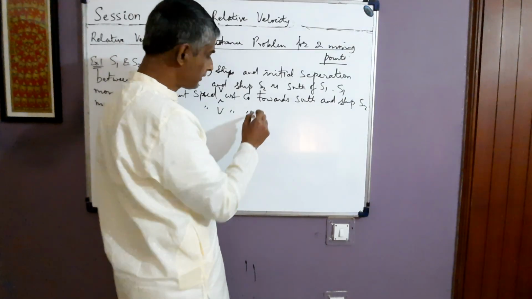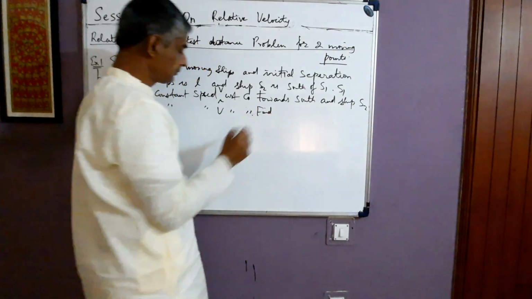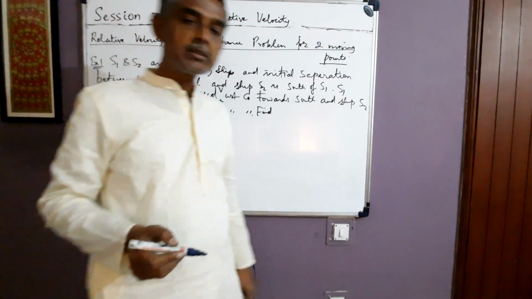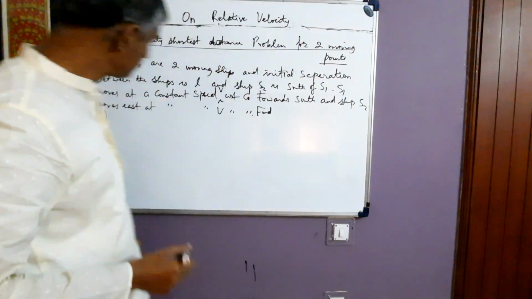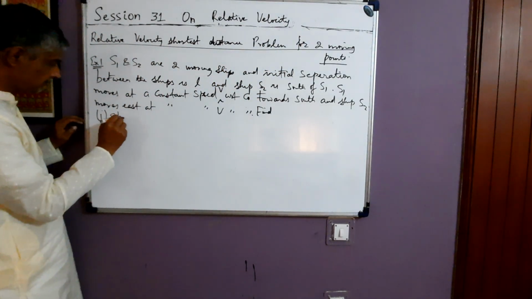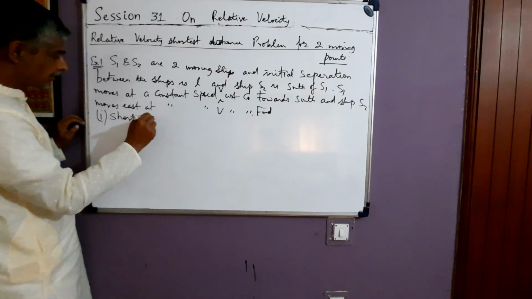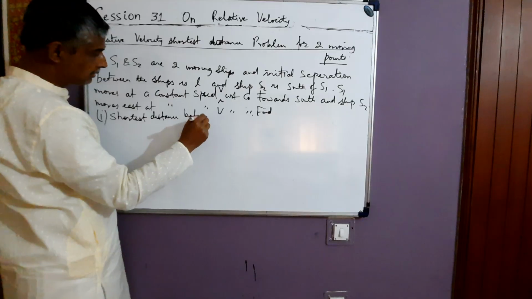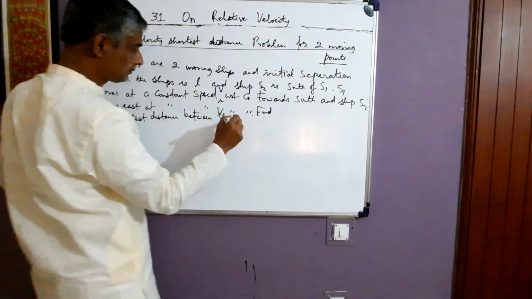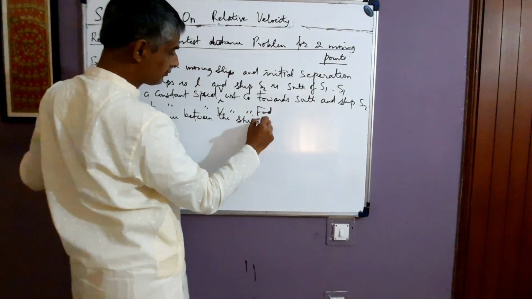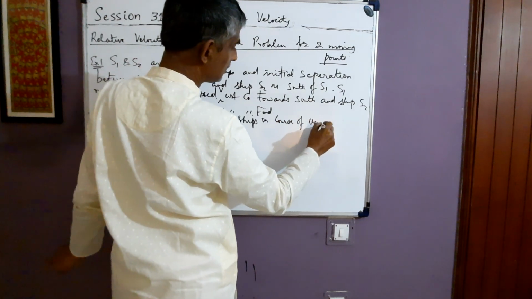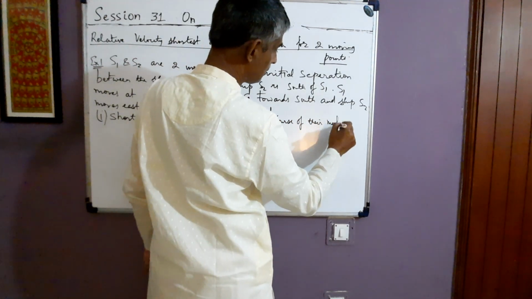Two things we have to find. First, we have to find the shortest distance between these two ships in course of their motion.